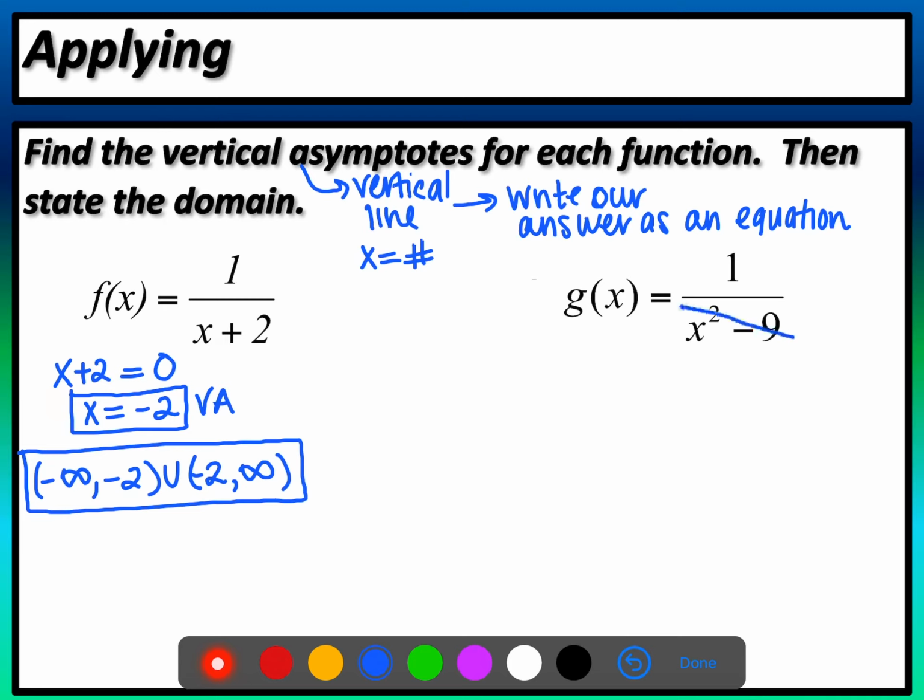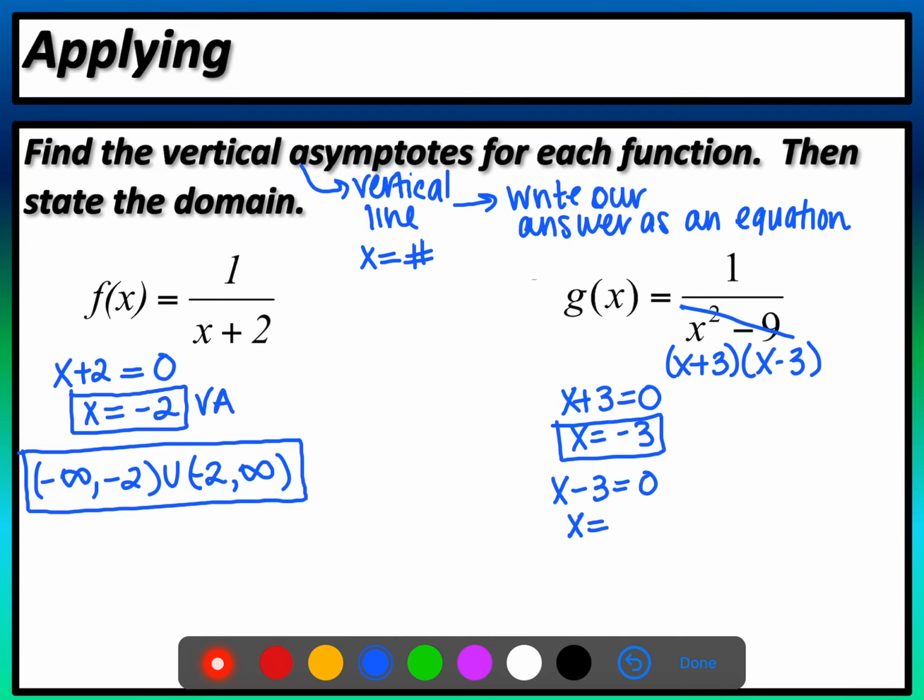Now our second example. We would have to factor any expressions that are in the bottom so that we make sure we get all of our asymptotes. Set everything equal to 0. I have two vertical asymptotes for this, which I'm going to exclude from my domain, so I'm going to have 3 intervals.